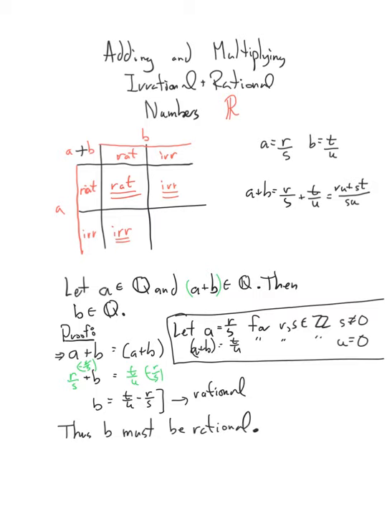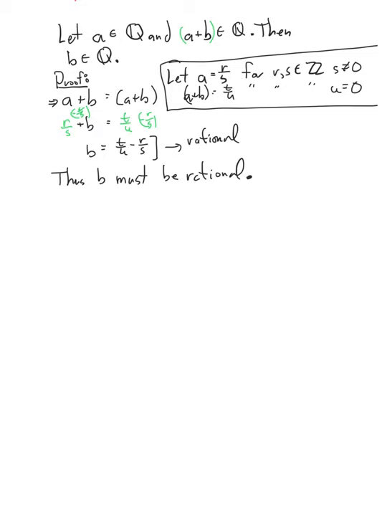So the next case is what happens when we add two irrational numbers. Well, let's explore that. So we've shown last class that square root 2 is irrational, and so is negative square root 2.